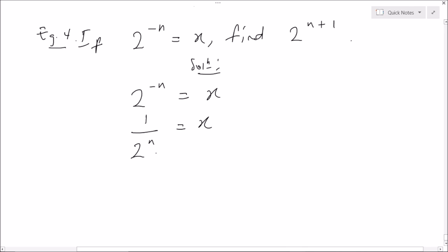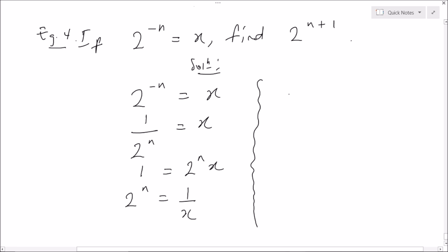So first of all, we will try to make 2 raised to the power n the subject. So let's do that. We write 1 is equal to 2 raised to the power n times s, and this will give us 2 raised to the power n is equal to 1 over s.